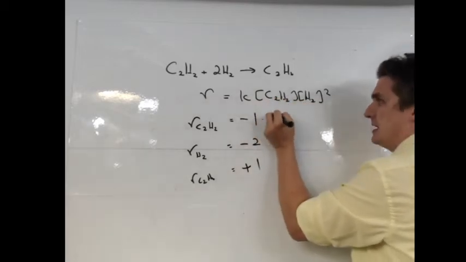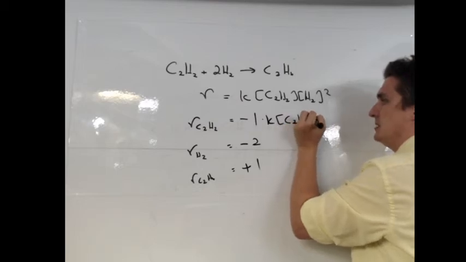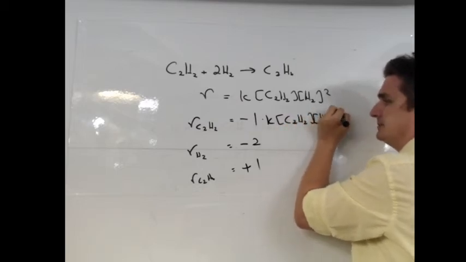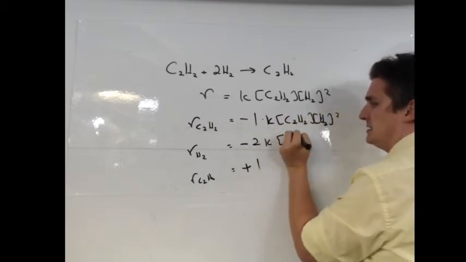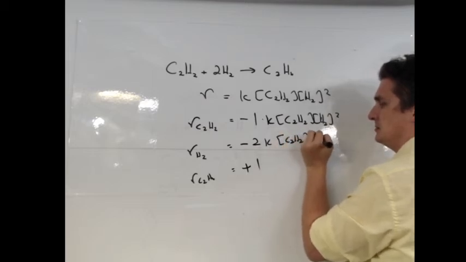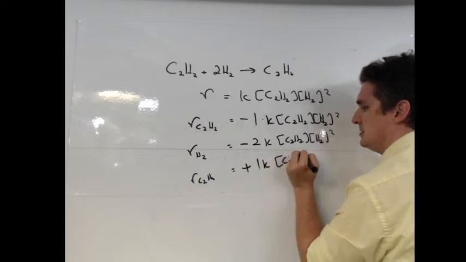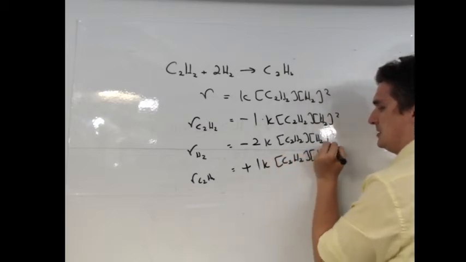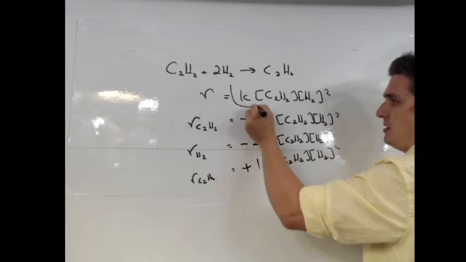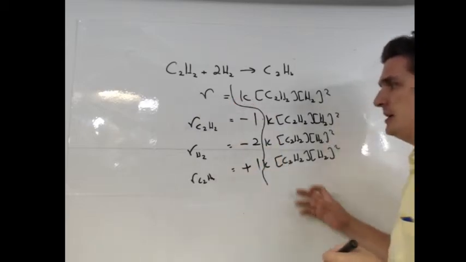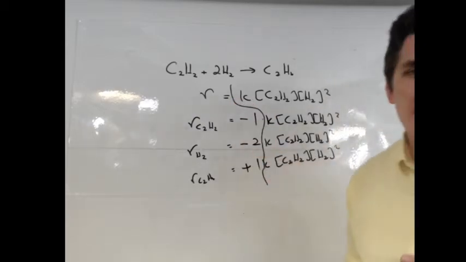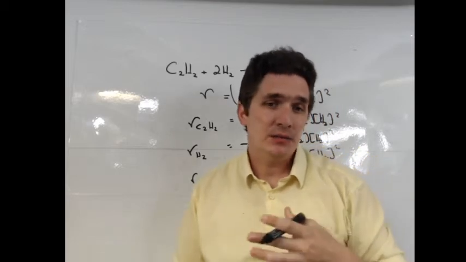So negative 1 times K, C2H2, H2 squared; negative 2 times K, C2H2, H2 squared; positive 1 times K, C2H2, H2 squared. So all of these have that parent rate law in them with a sign and a scaling to represent what they actually are.